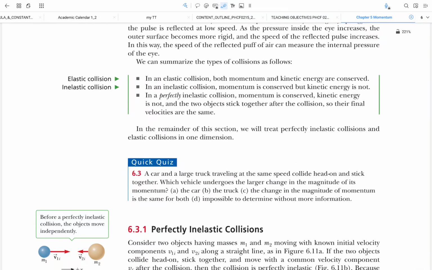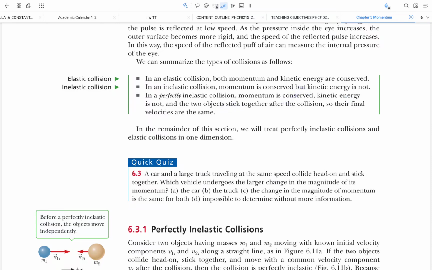Again, in elastic collision, both momentum and kinetic energy are conserved. However, in inelastic, momentum is still conserved, but kinetic energy is not. Whereas in perfect inelastic, momentum is conserved, yet they must stick together.